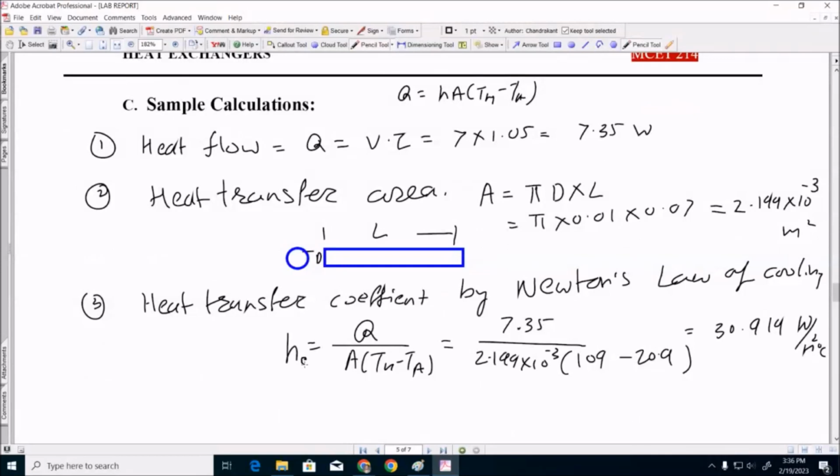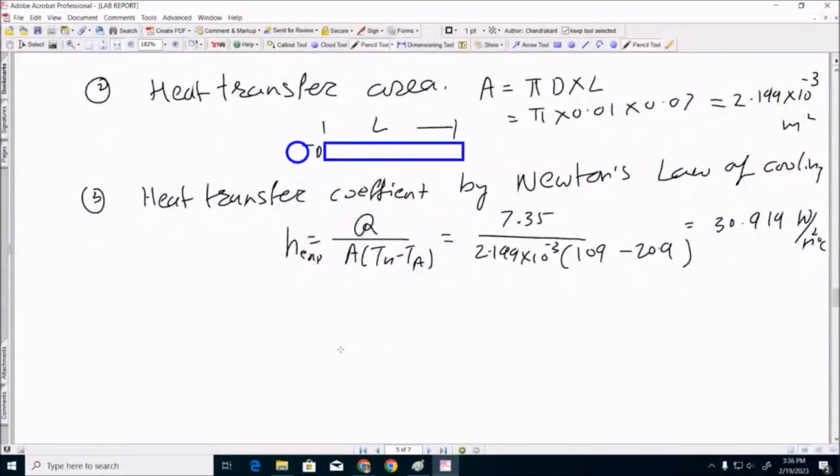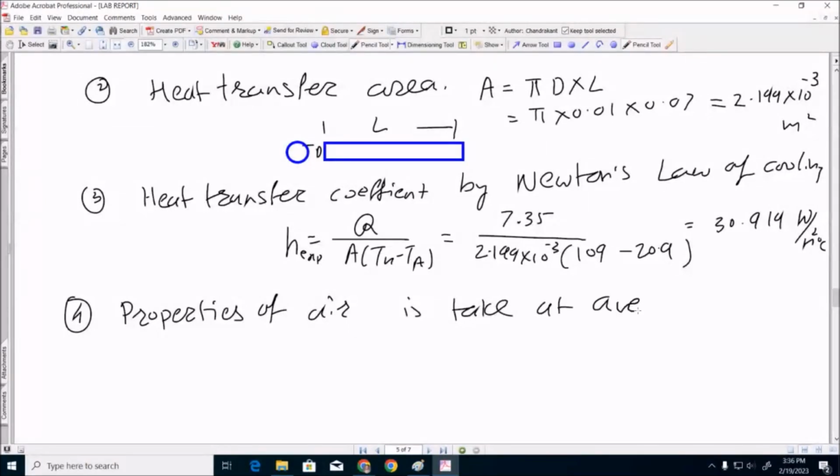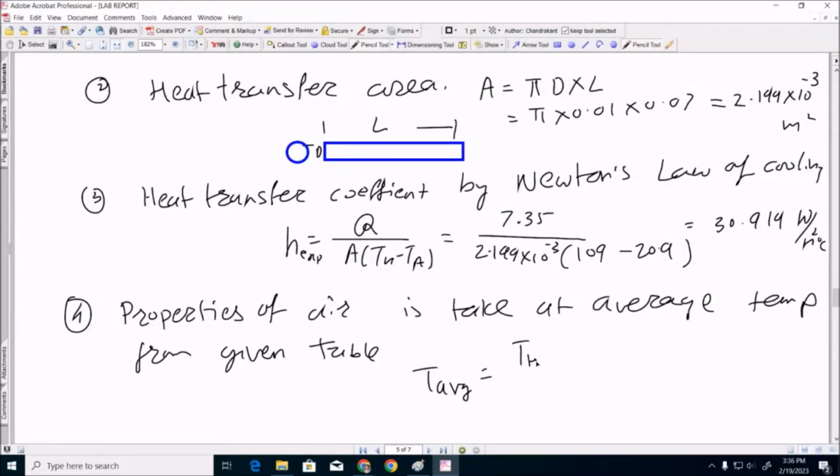That's why it is called h experimental. Now we will move to the empirical h, how I can calculate it. First I need to find the properties of air, taken at the average temperature from the given table. T average is equal to (TH plus TA) over 2.